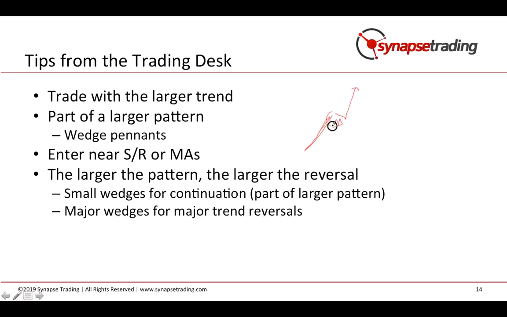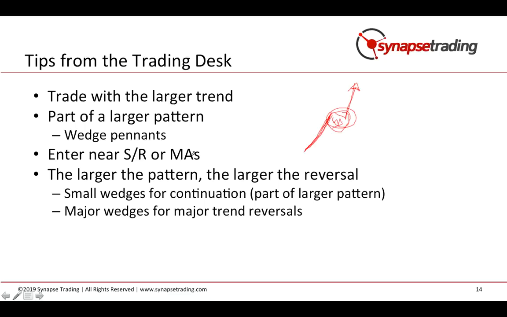So if your wedge is at this point, meaning after a prior strong uptrend, and you see a wedge forming here, it's a good chance to enter, because you know that after that there's going to be a strong move upwards.